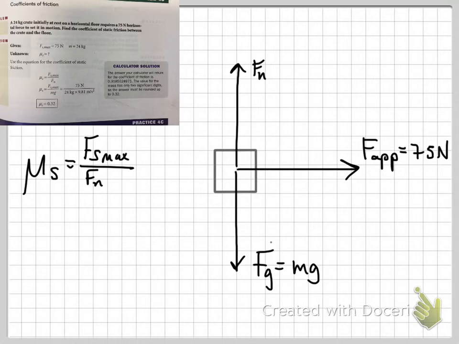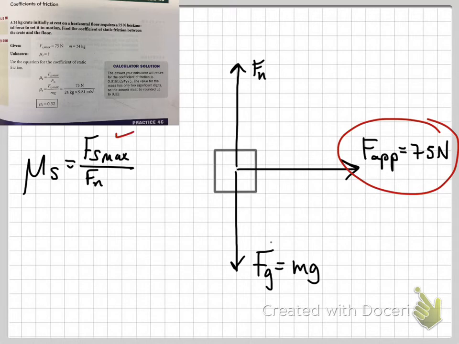The applied force of 75 newtons gets us motion. That's where suddenly it breaks loose and it goes. So what would the maximum force of static friction be? 75 newtons. That's what's going to get us our motion, so that's our Fs max.